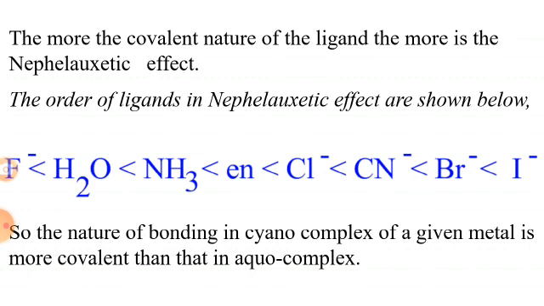In the case of I minus, the covalent character is more because the overlap between metal orbital and ligand orbital is more. That's why this compound is covalent, and for F minus the overlap is less as compared to I minus, so that's why F minus shows ionic character.